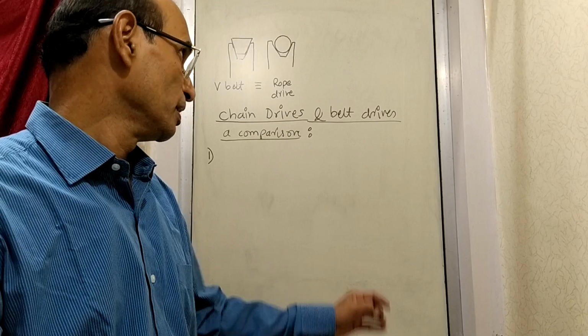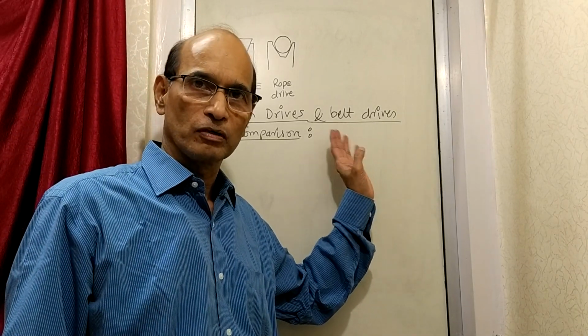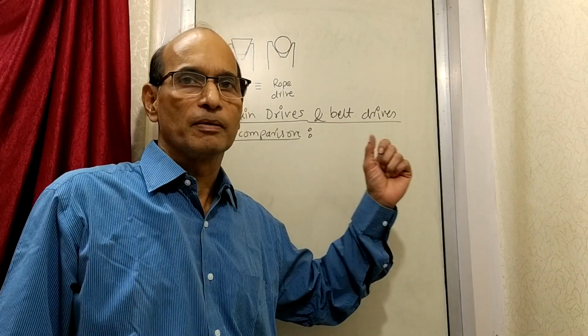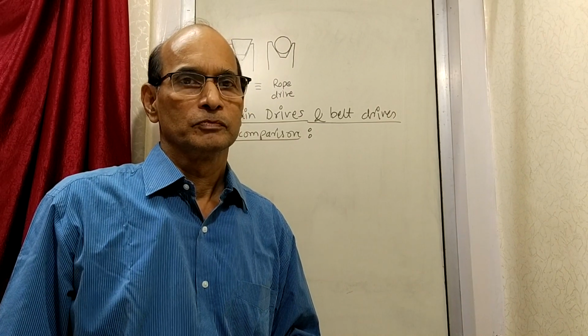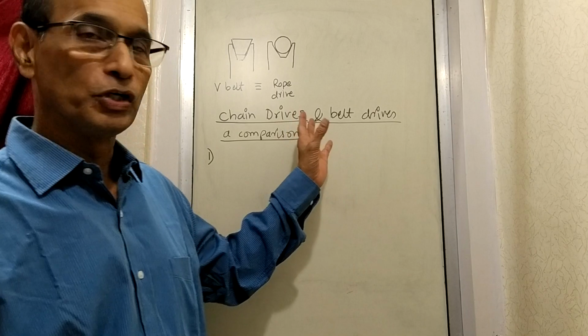That means chain drive is a positive drive. You can also write the same. Chain drive is a positive drive. So what we have written is, it is a positive drive, it is a rigid drive.